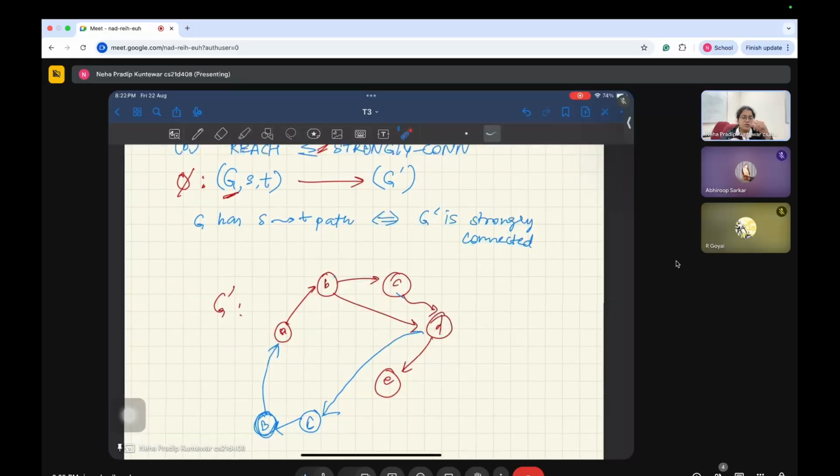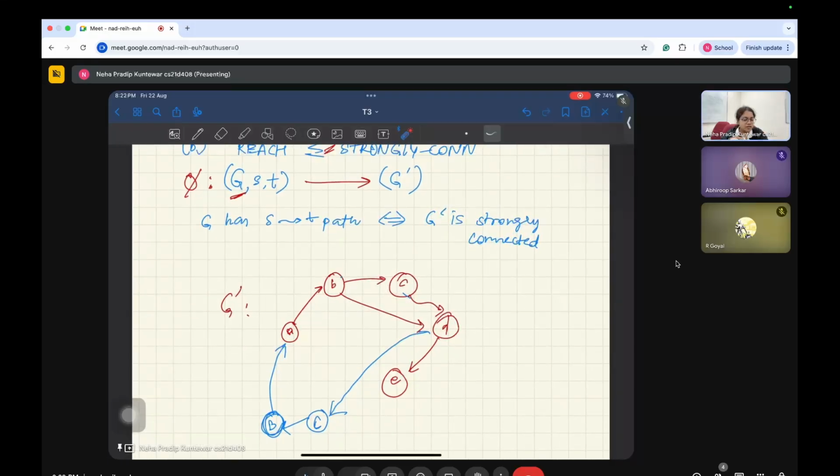That is a good question. I need to prove that this can be done in logarithmic space. Again we'll use the fact that I don't need the entire information about the graph. In order to draw this edge, I only needed the information about these two vertices. If there is an A to B edge, I'm going to draw a dummy edge in the reverse direction.